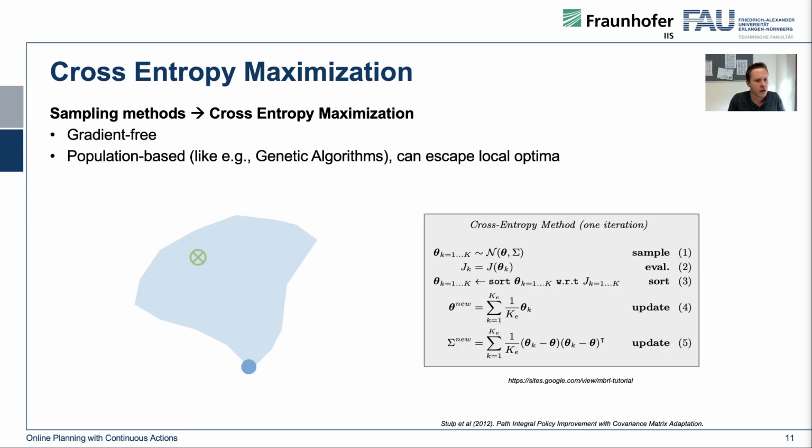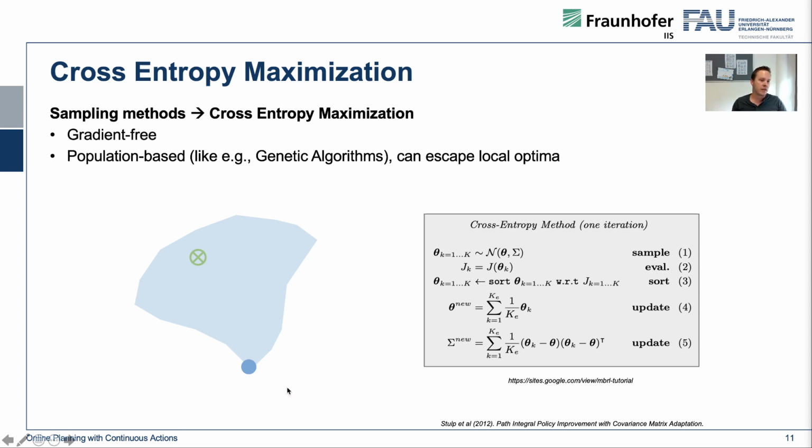We can also make this a little bit more visual. Cross-entropy maximization is a gradient-free algorithm, which is also very nice. It's a population-based method, like genetic algorithms, which allows us to escape local optima. The idea is relatively easy.